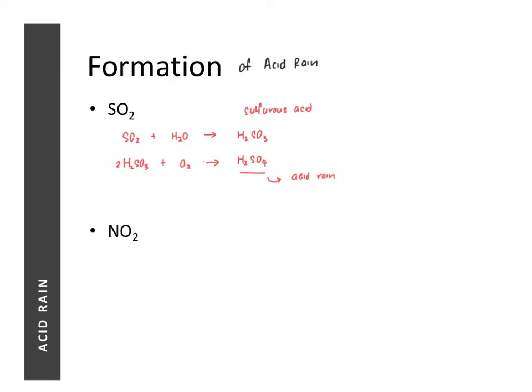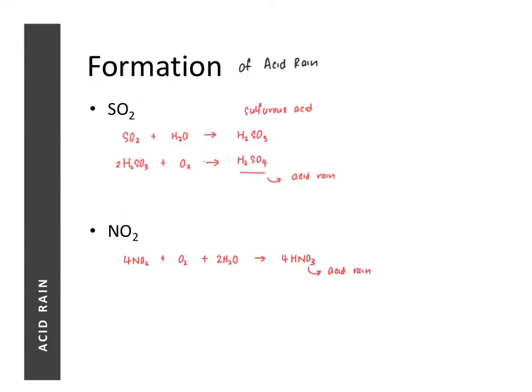Next, for nitrogen dioxide, what happens when we have nitrogen dioxide in the air is that it is going to again react with oxygen and water to form nitric acid. And nitric acid is again a strong acid, so it's going to cause the rainwater to become acidic.